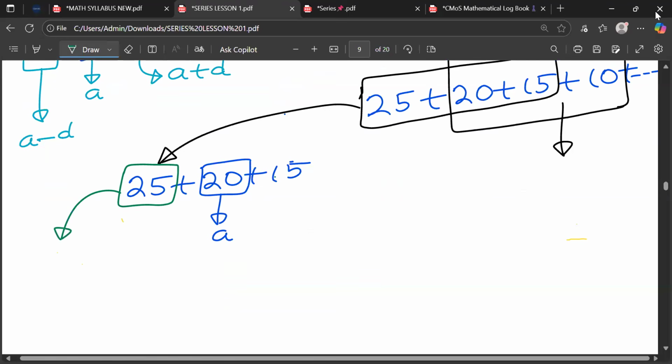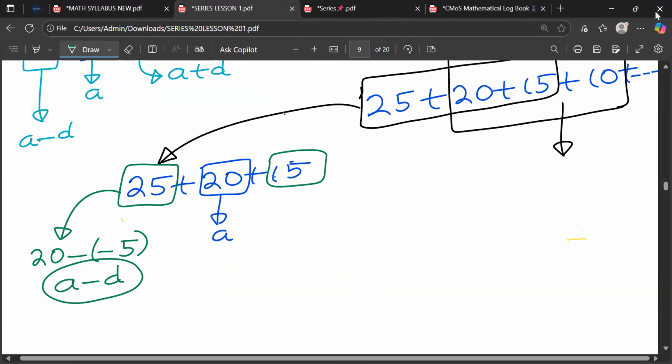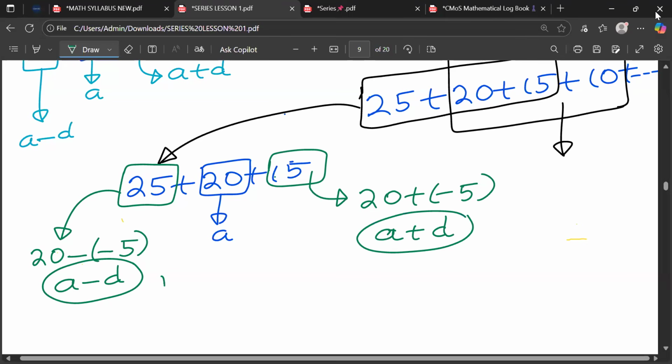To get 25, of course, we say 20 minus the negative 5, which is also A minus D. Then to get 15, what do we say? We simply say 20 plus negative 5, which is our A plus D, since we agreed the D is negative 5. Why am I doing all this? The same thing is going to come out here. I don't need to show you again.